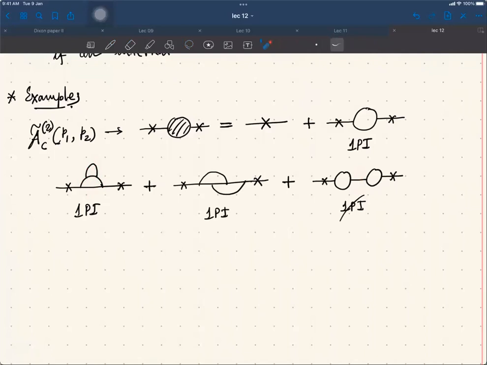So these are some examples of 1 PI diagrams and what are not. We take the first one as not 1 PI, because there are no internal lines here. We just define it to be non 1 PI.